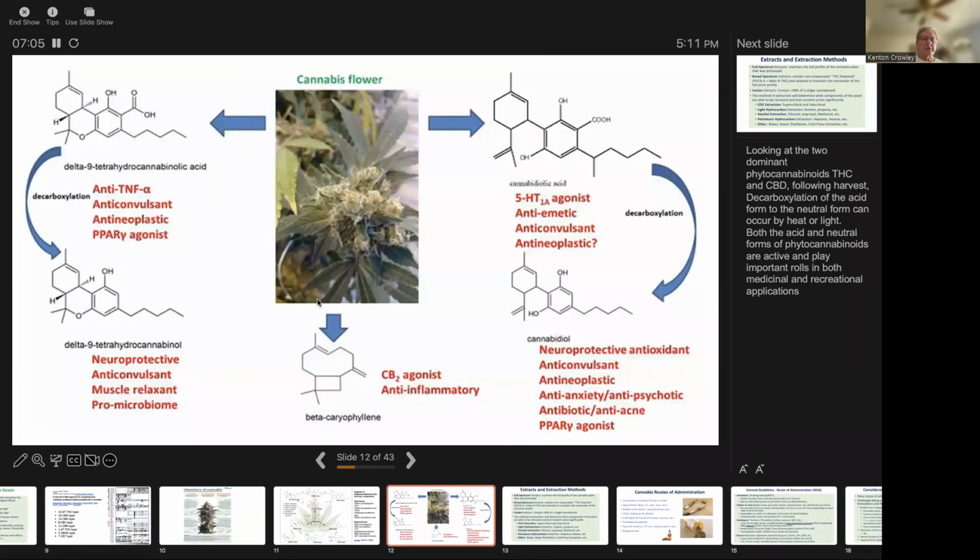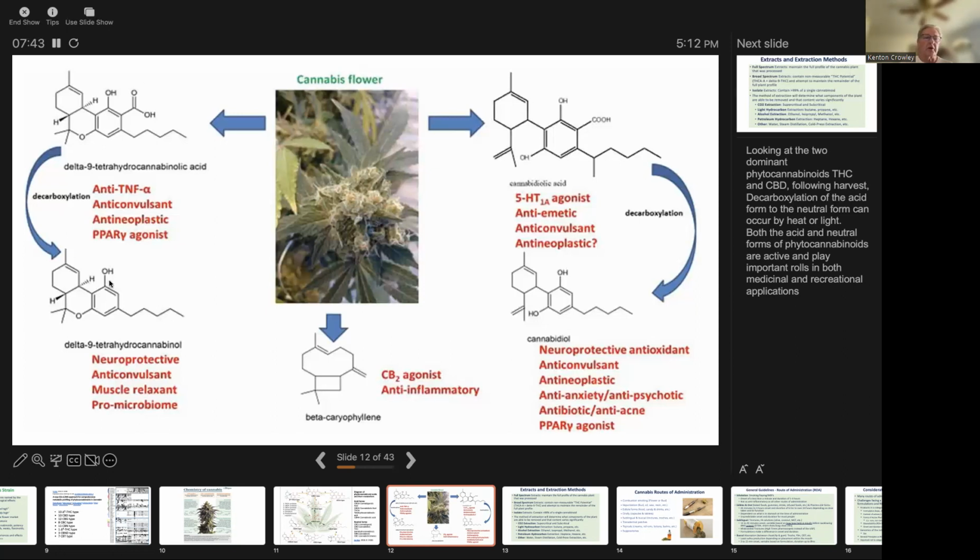Looking at the 2 dominant phytocannabinoids, THC on the left and CBD on the right, following harvest, decarboxylation is generally performed in some form of an extraction, using an extraction method, but light or heat can change these forms even in the plant.